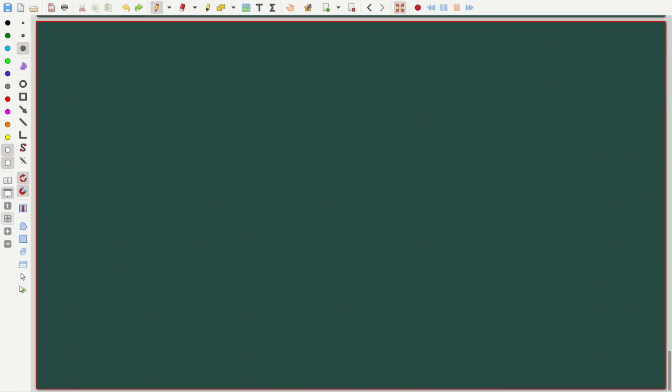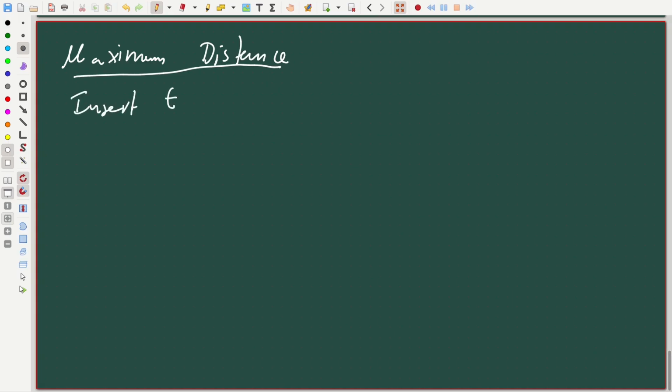So now the only last thing which we have to do in order to calculate the maximum distance is that we have to insert TD into our function x of t.